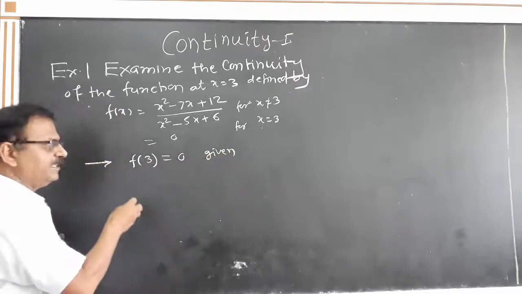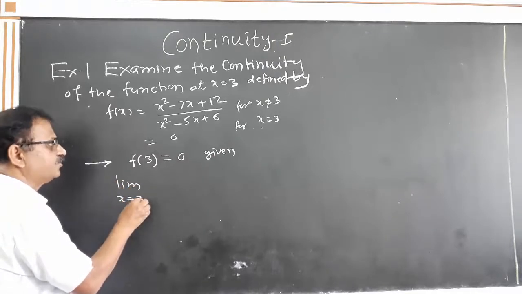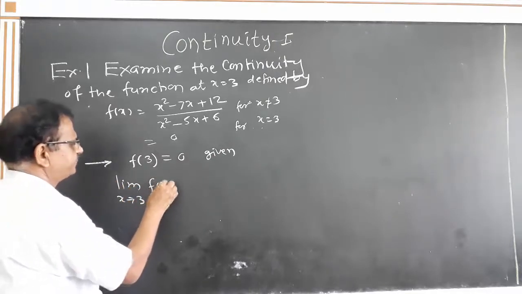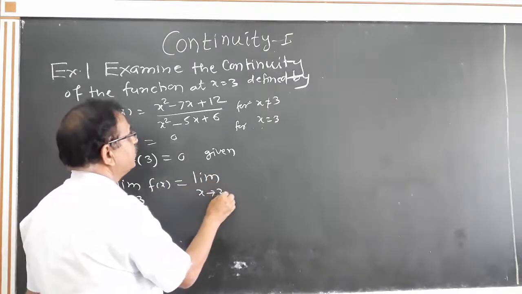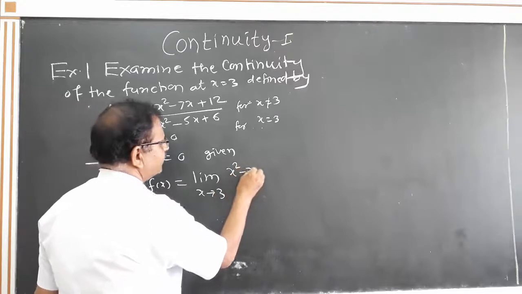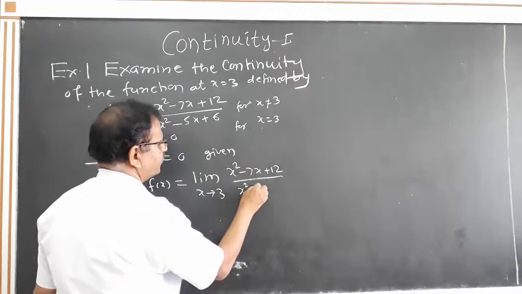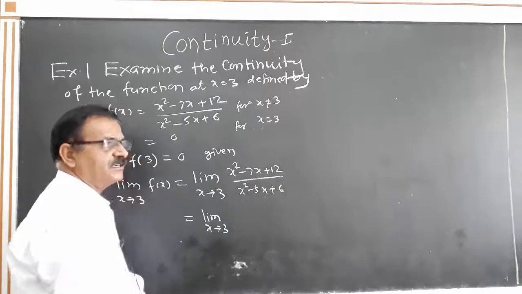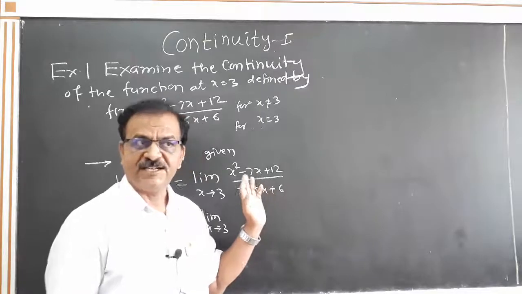Now we require again limit. We shall check whether limit exists or not. Limit x tends to 3 of f(x) is equal to limit x tends to 3 of (x square minus 7x plus 12) divided by (x square minus 5x plus 6). We shall try to find out common factor of these two, numerator and denominator.